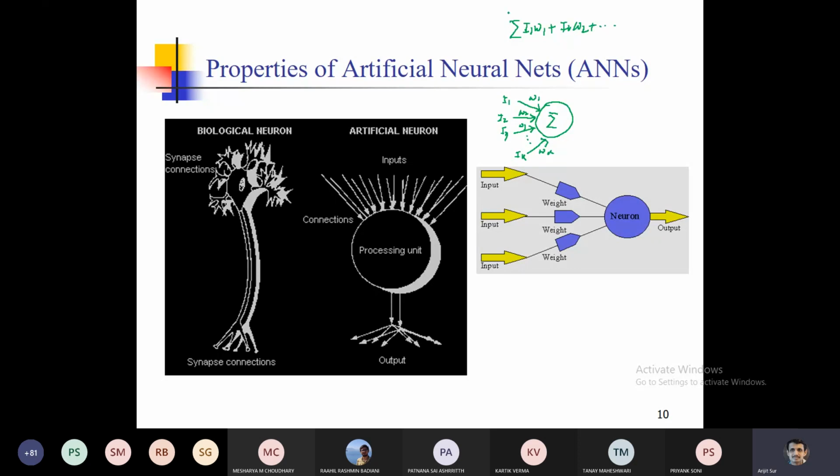So actually, this particular thing is equivalent to the summation for i equal to 1 to k of Ii Wi. This is the series summation of this. So that input is going to be summed.